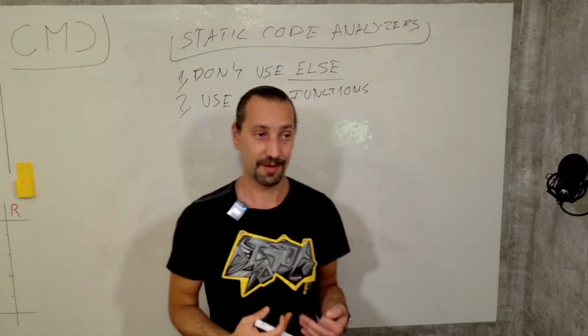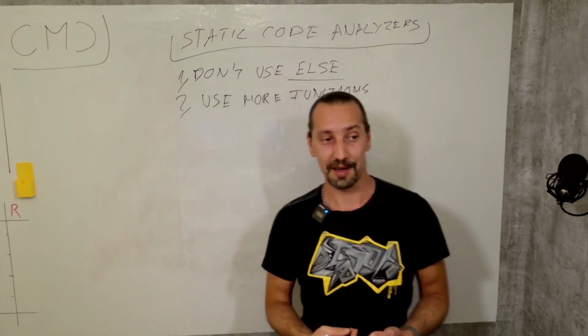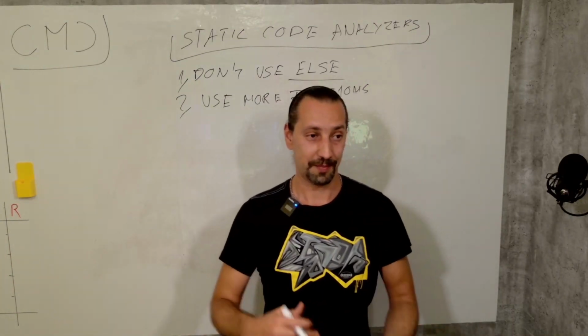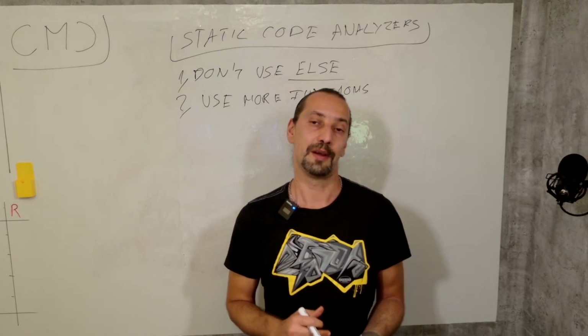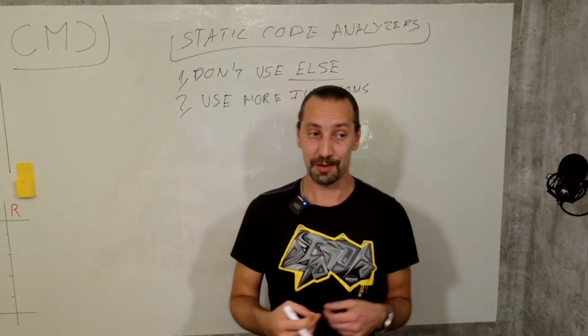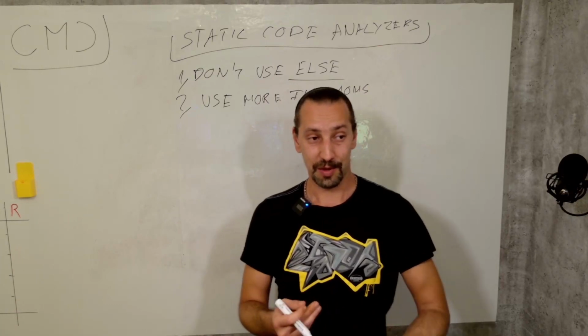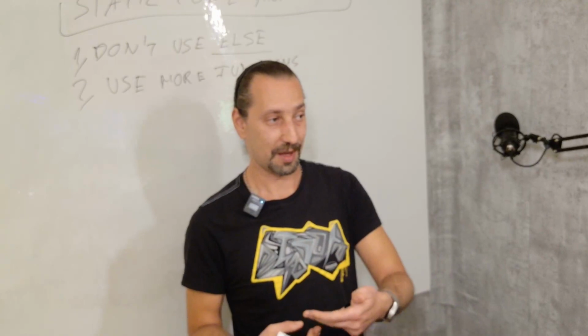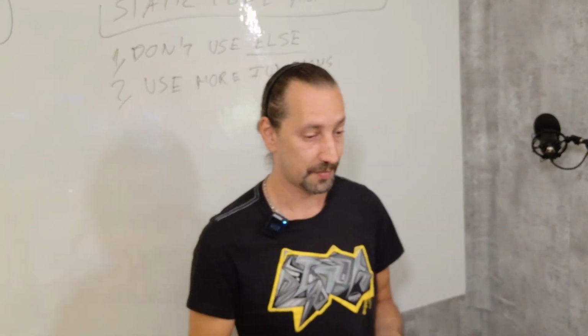So if the static code analyzer points you to a big blob of code, then what you should do is extract that code piece to a function and call just that function.